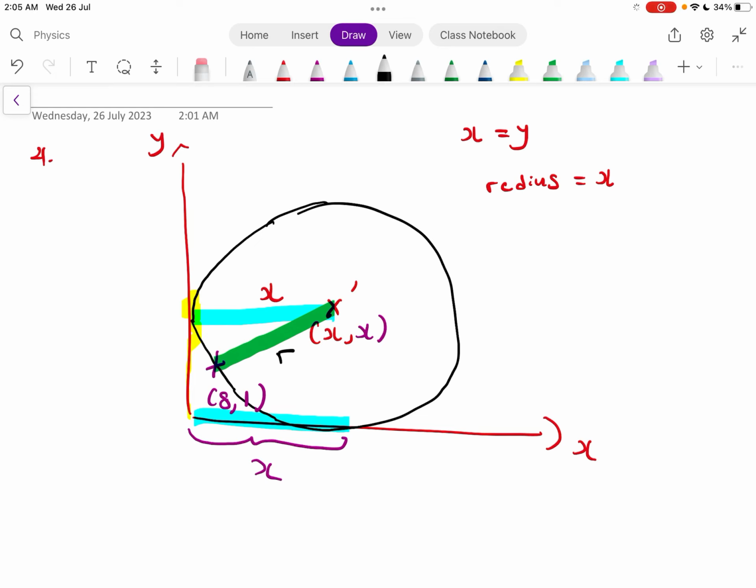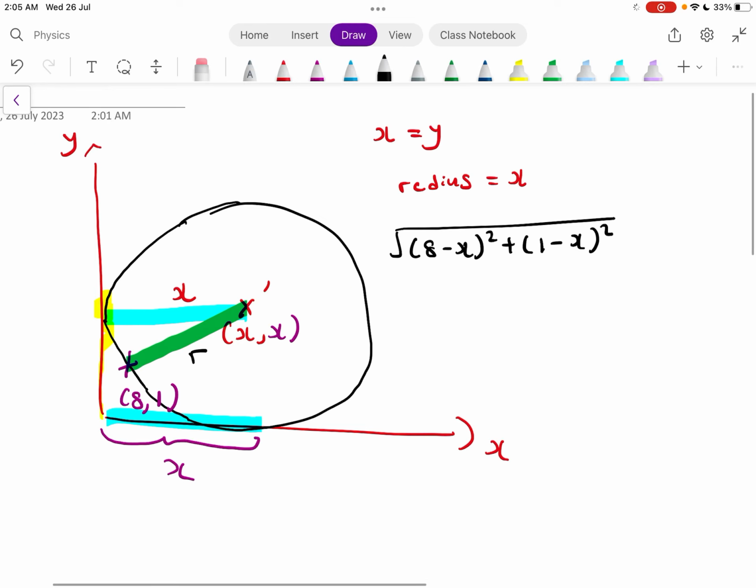So back to the length formula: square root of (x1 minus x2) bracket square plus (y1 minus y2) bracket square. This is the radius of the circle. So I can just equate this first thing with the second thing right here, because they are both the radius.